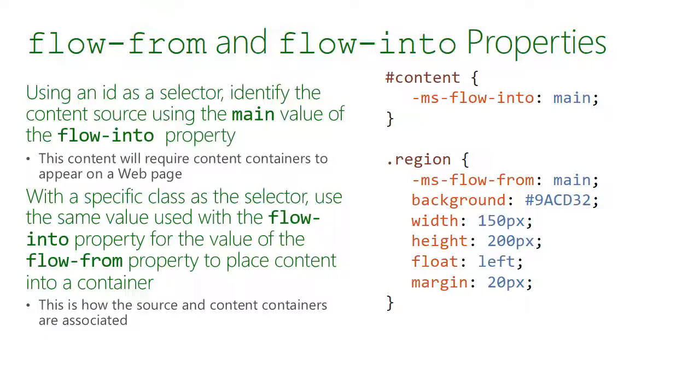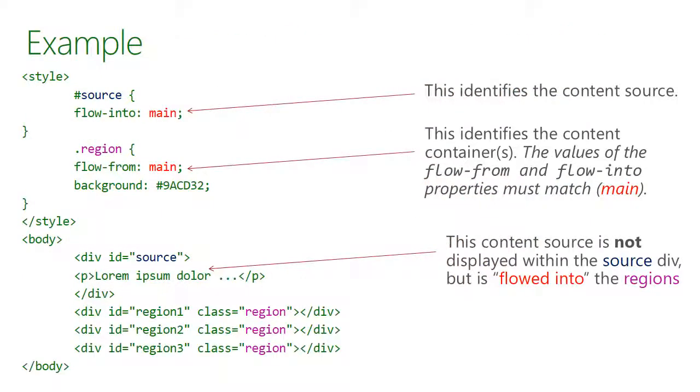So if you look at the content and the region on the right hand side there in the example, you will see that MS flow into and MS flow from are both defined as main. In this example, we can see this in further detail. So flow into main identifies the content source.